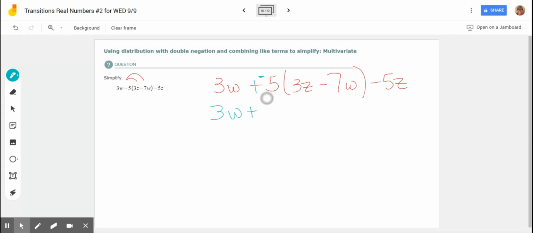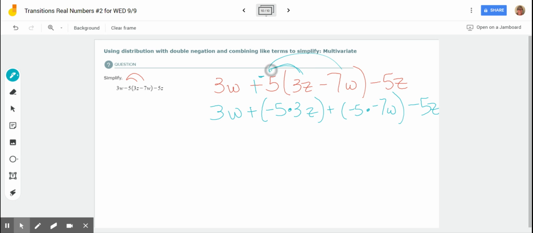This is going to be, and I'm going to write it down. Obviously, you guys don't need to do this if you know how to use the distributive property, okay, plus negative 5 times negative 7W. Don't lose the negative. This is one way as a trick to not lose the negative.